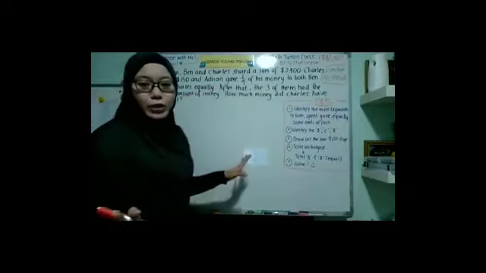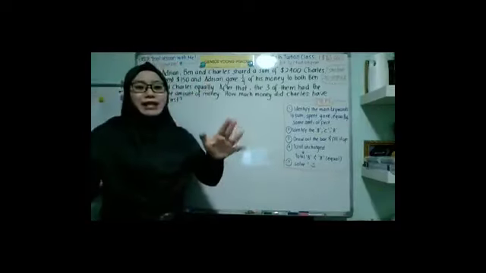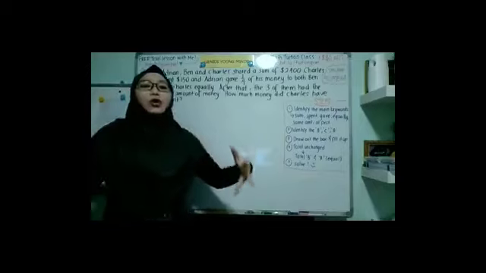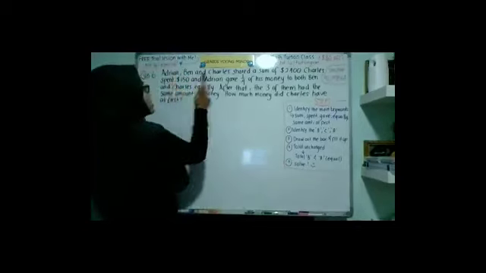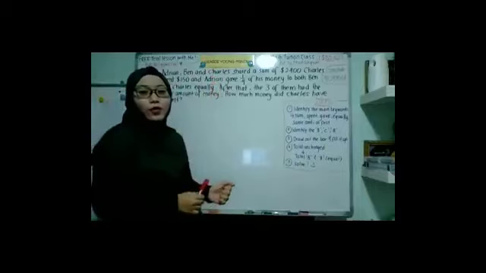From these main keywords, we know that there is something that happened in this story. What happened? Charles spent the money and Adrian gave 1/4 of his money.